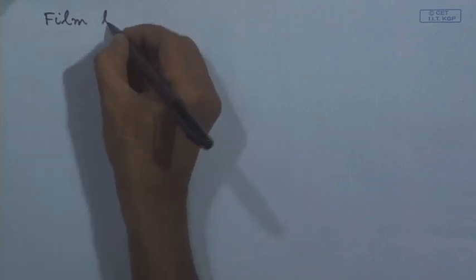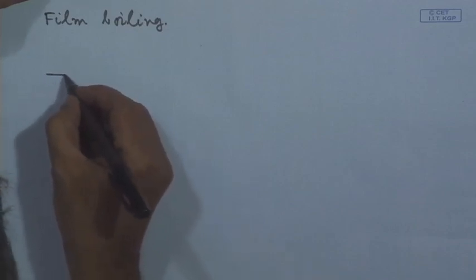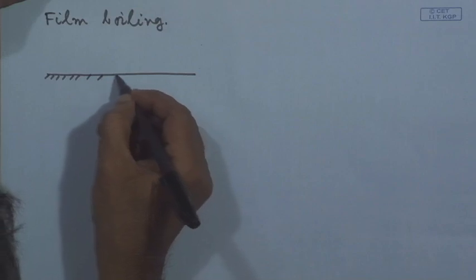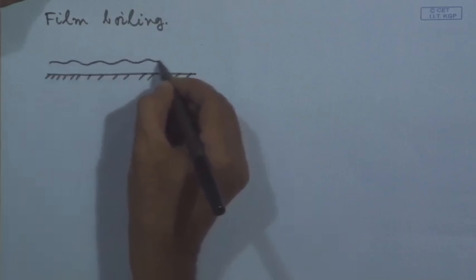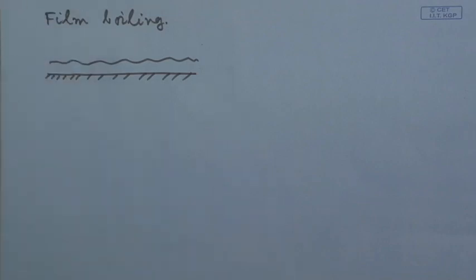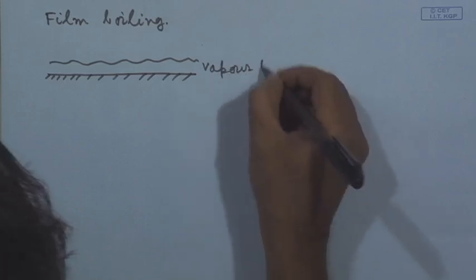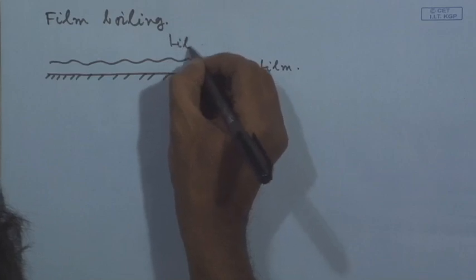So, in film boiling, the heated surface is covered with a film of vapor. So, this is your vapor film, and at the top of it we have got the liquid.